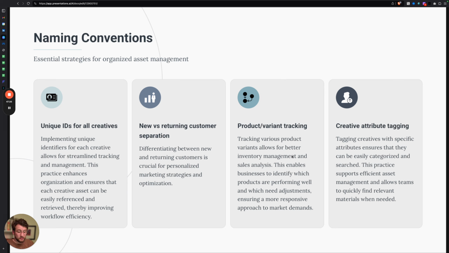So some things we use this for jewelry brands, we have categories like on body and off body. We have necklaces, earrings, rings, etc. And so we can look at performance on Meta by necklaces, rings, etc. product category.